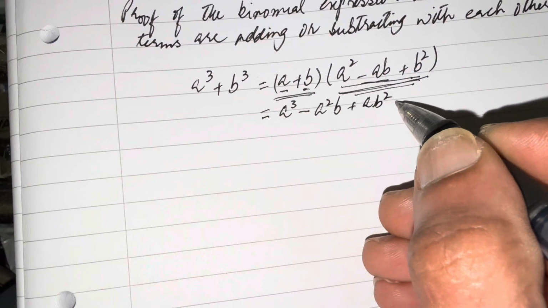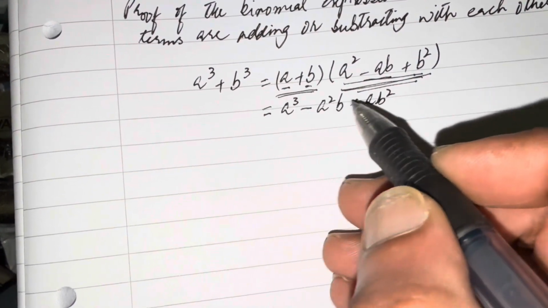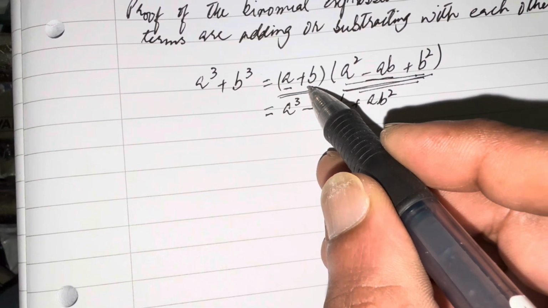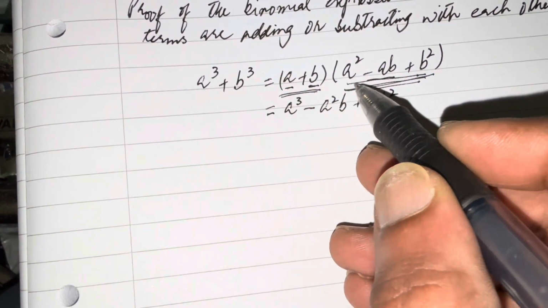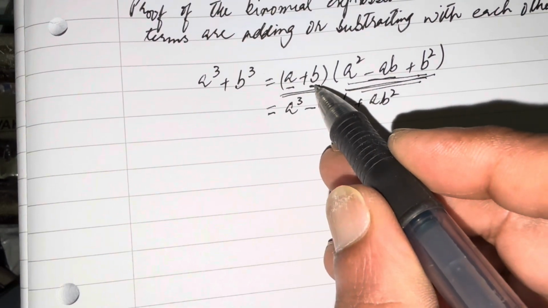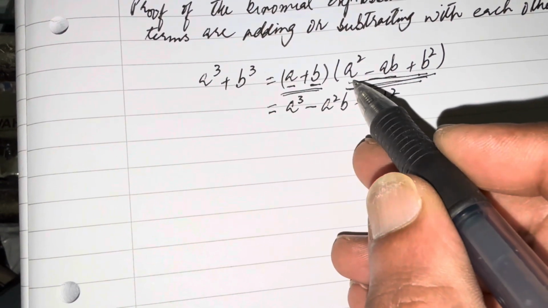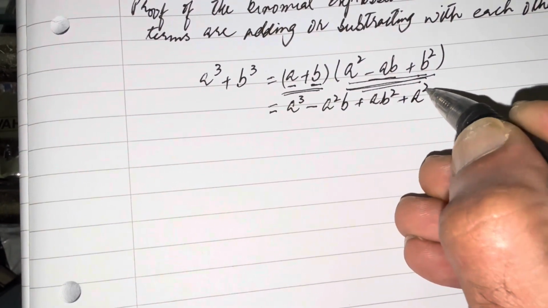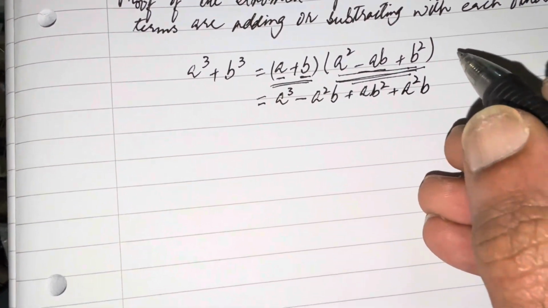So now the first multiplication is completed. Now the second term, plus b, will multiply all of these. So b multiplied by a square equals plus a square b.